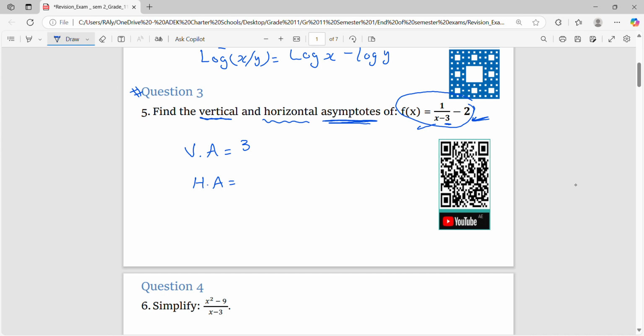Go to the number in the constant place, minus 2. Take it as it is, minus 2. Please don't lose the marks of this question, because it's very easy. No need to do anything. You can get your answer just by seeing the function and the numbers in it. This is how to find vertical and horizontal asymptotes of this type of function.